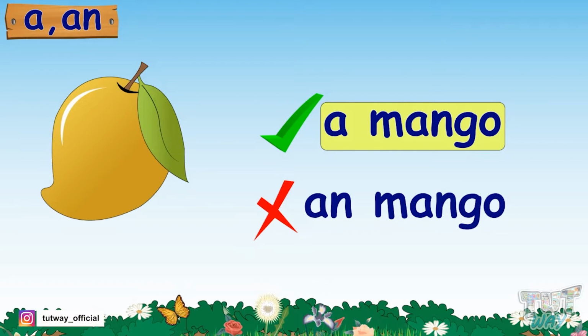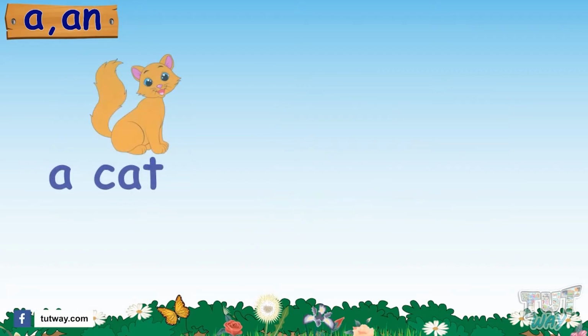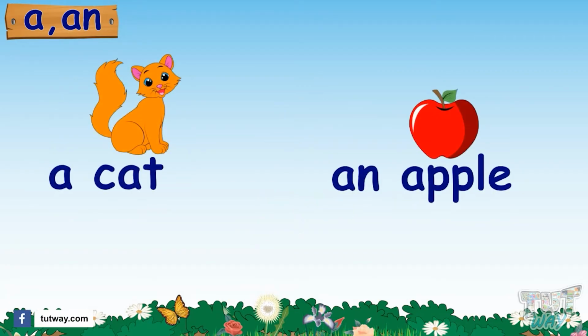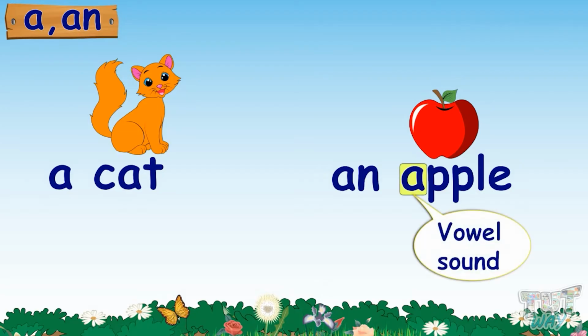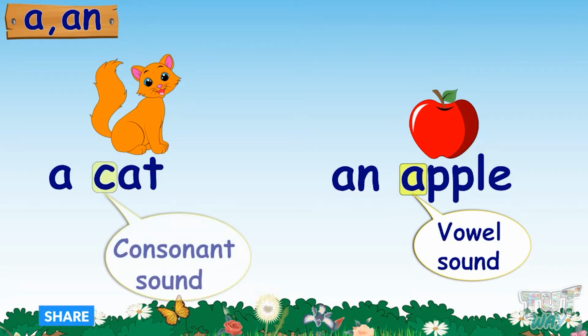So we learned that we use a or an before a singular naming word. And the rule for using an is, the naming word should begin with a vowel sound. And the rule for using a is, the naming word should begin with a consonant sound.